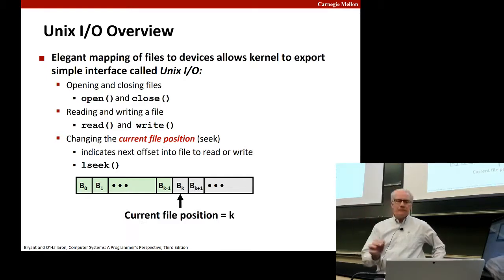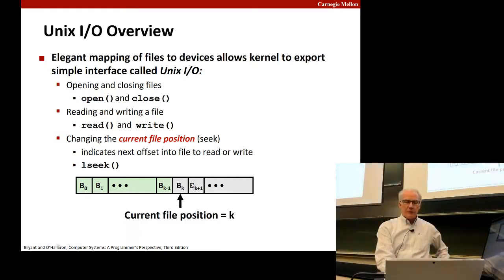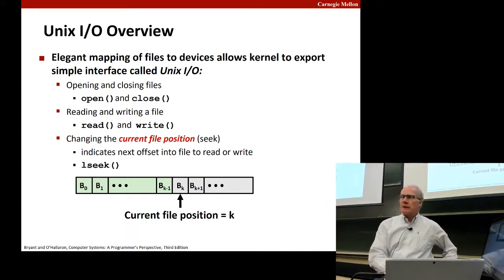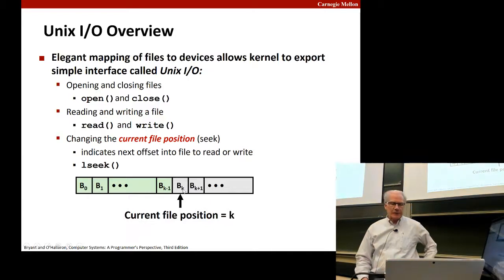When you read, it starts reading from that position. If you write, it starts writing at that position, possibly overwriting values that are already there, or, if you're at the end of the file, appending new values onto the sequence.